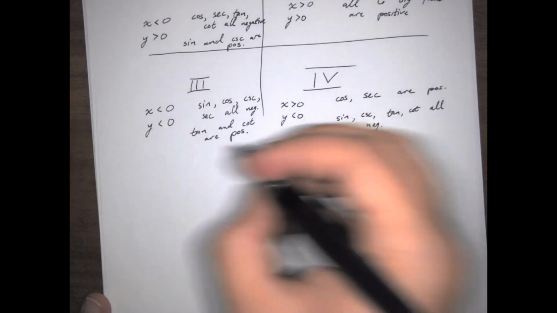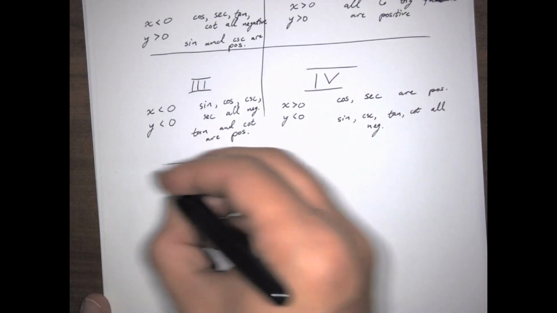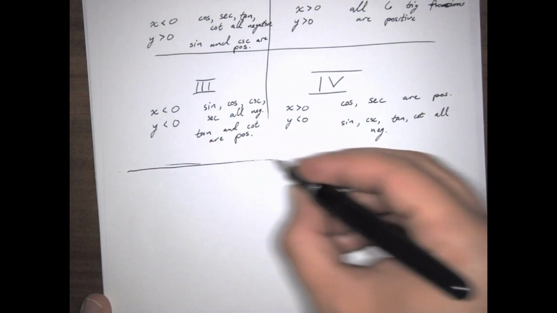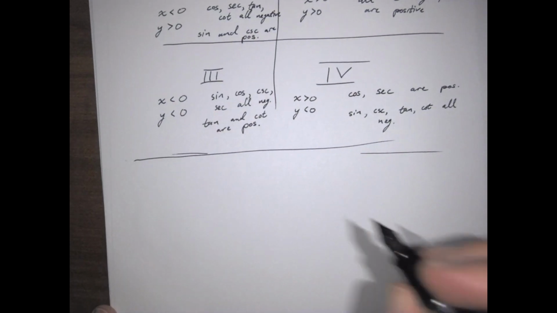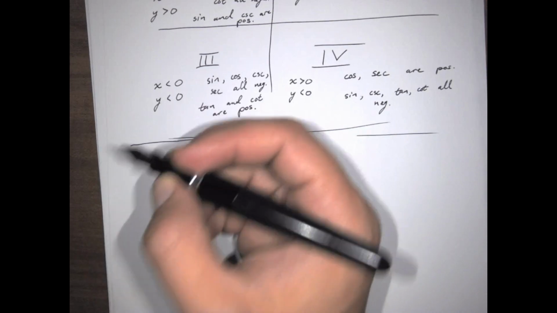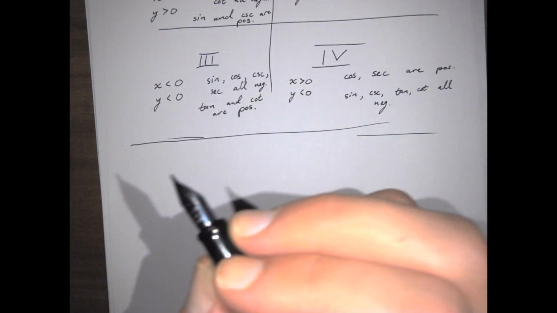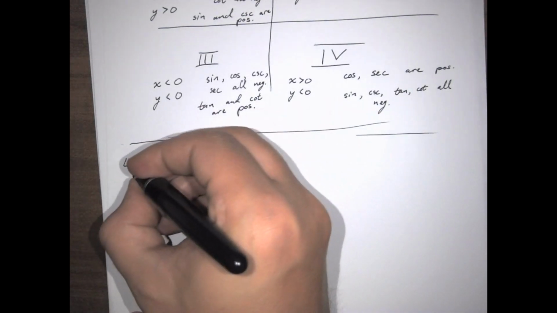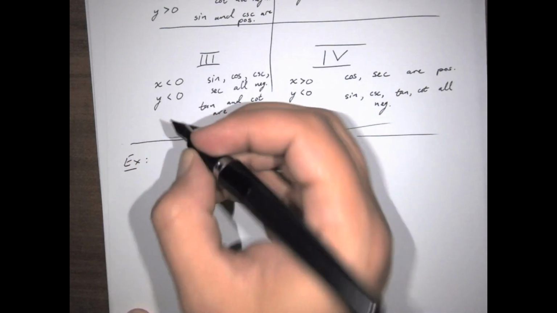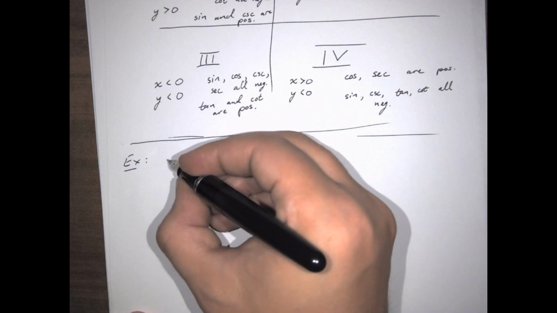All right, so now let's think about what this can do for us in terms of placing an angle in a quadrant from some information. So for example, name the quadrant.